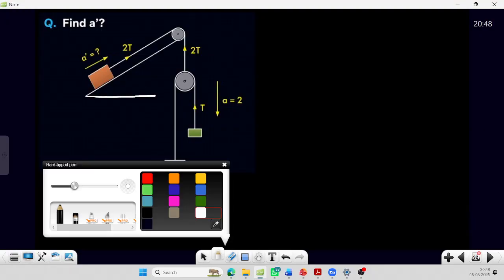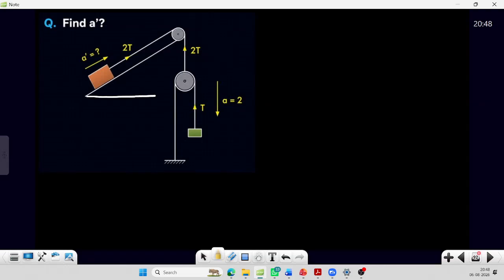See the directions: tension direction, acceleration direction. Tension is in this direction, and acceleration is also in the same direction. The angle between these two, how much? So we can say 2T into A dash, positive.